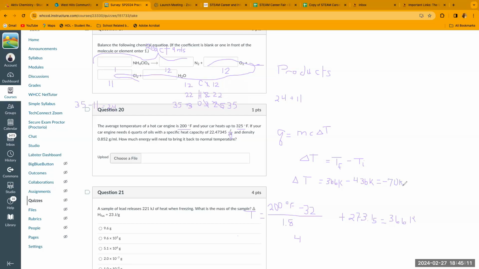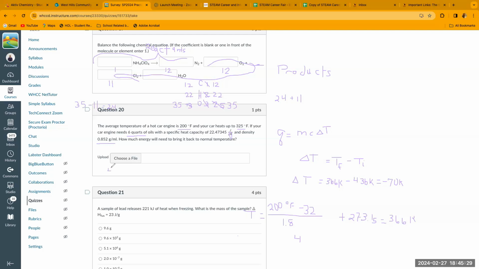Okay, so now we just plug in our values. We do need to figure out, we have quarts and we have grams per milliliter.